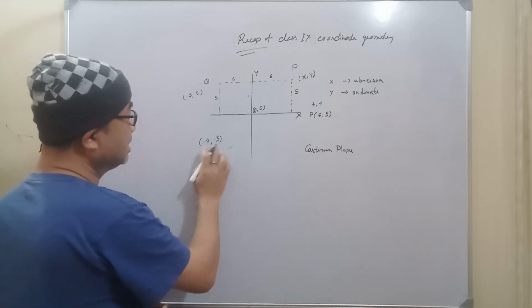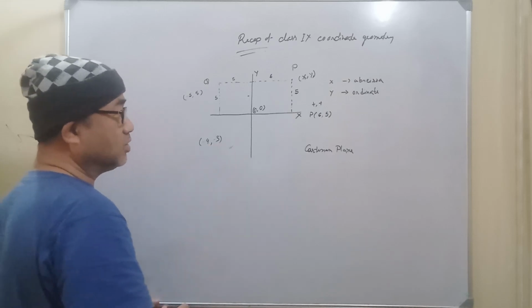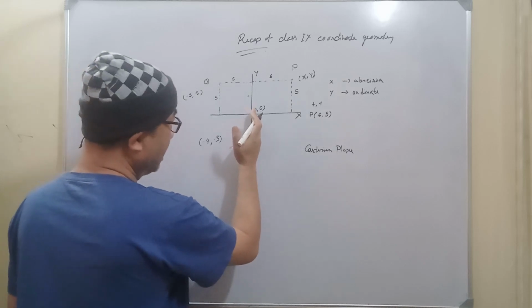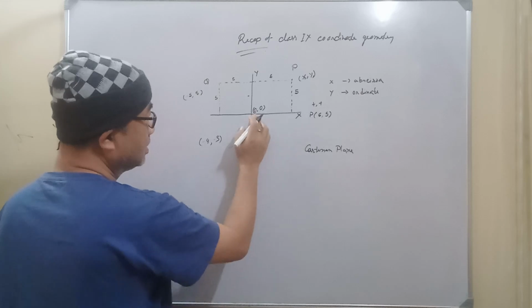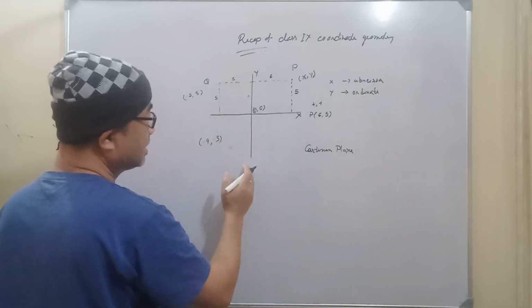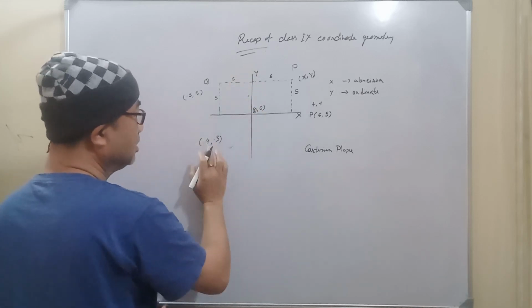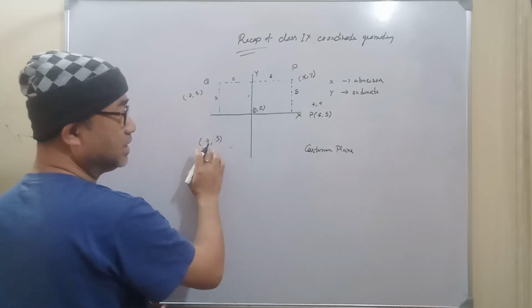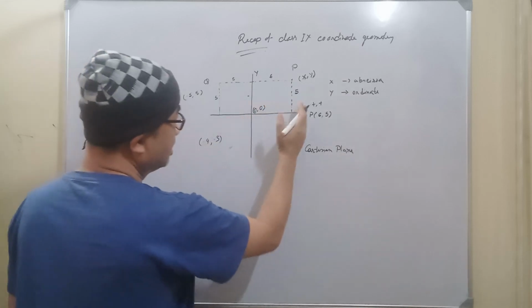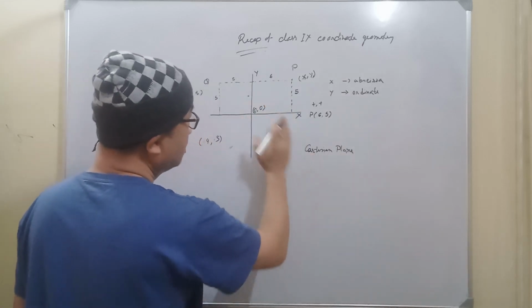Suppose something like this. So this will be a point on the third quadrant. We can have points like this on the third quadrant, because values of x towards the left of the y-axis, this is the origin, this is the y-axis, and towards the left x coordinate will always be negative, and towards the right the values of x will be positive.